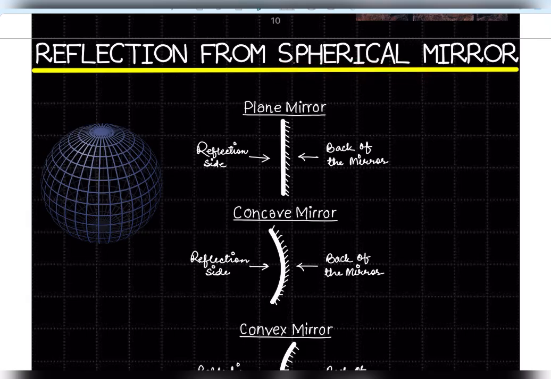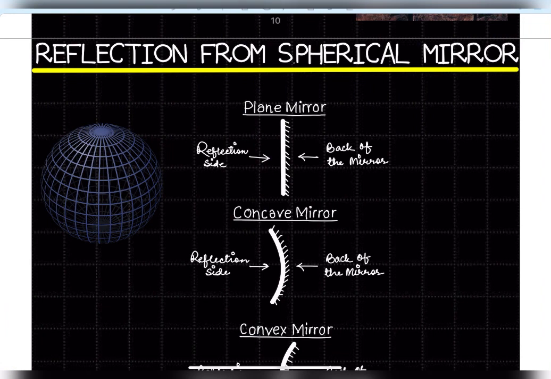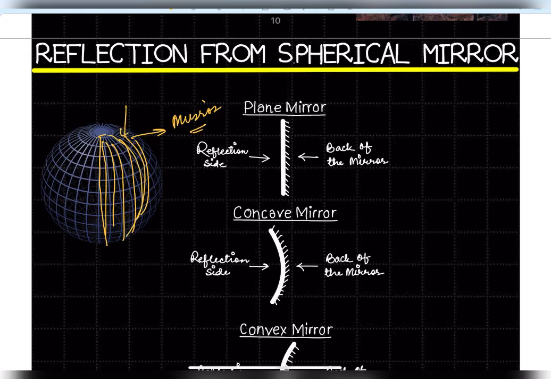What do you mean by spherical mirror? Let's take a sphere, like a football. Let's say the outside cover of the football is mirror, so the shape of the mirror is like this.